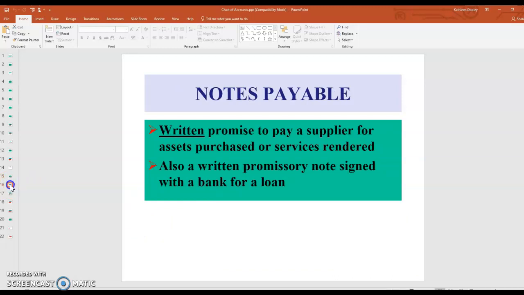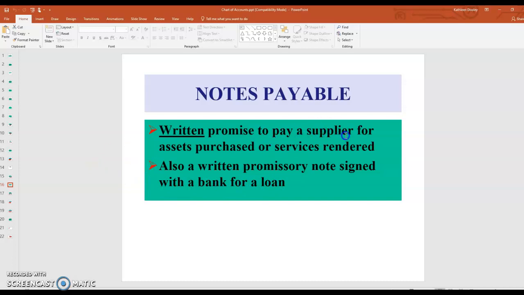Notes payable means there's an actual written promise to pay, where it's going to say right in there, we promise to pay this amount to this person on such a day, along with some interest. If there's a written promissory note from a bank for a loan, we get a loan out and we sign a promissory note.